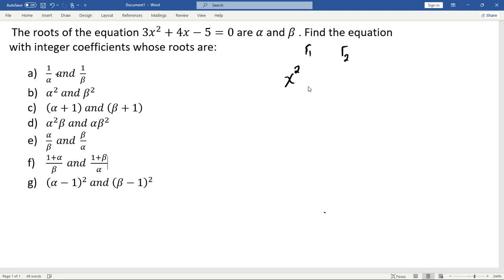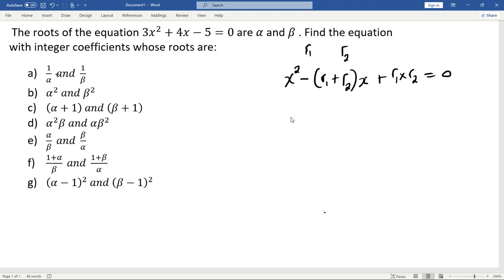We have x squared minus, open brackets, the sum of these two roots, R1 plus R2, plus the product of these, R1 times R2, equal to 0 like this.